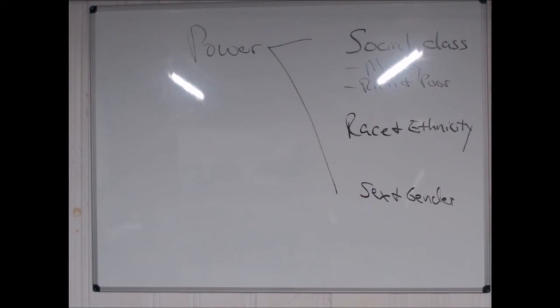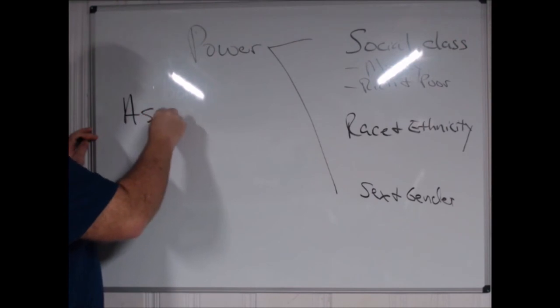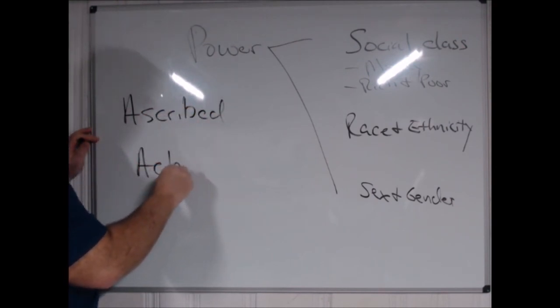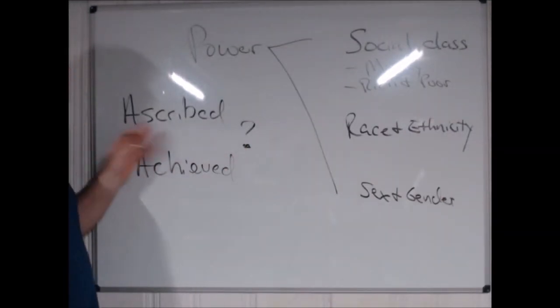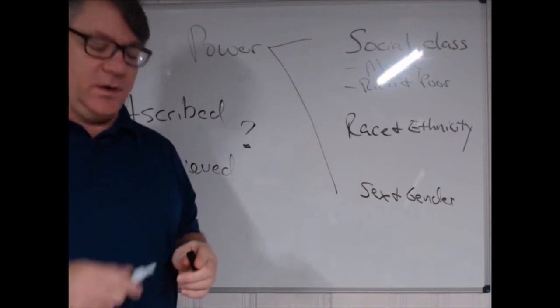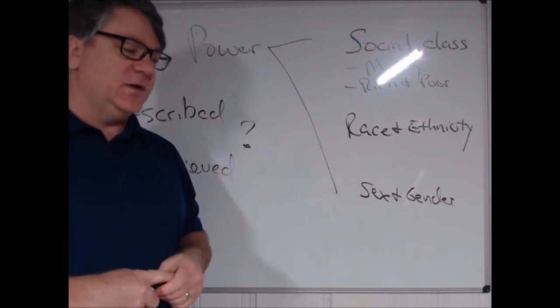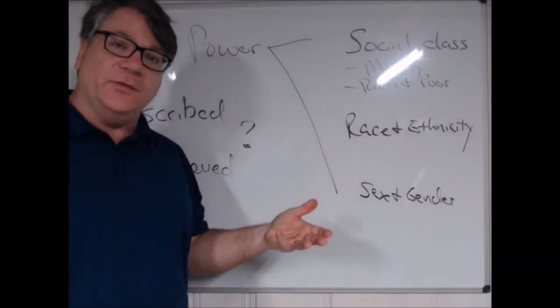I wish that we were in class, because that is something we would talk about. Is social class an ascribed or an achieved status? Right? And that's something that we're going to explore a little bit more in this chapter. If we were in class, we would talk about this. We would say, okay, well, some people are born into wealth.